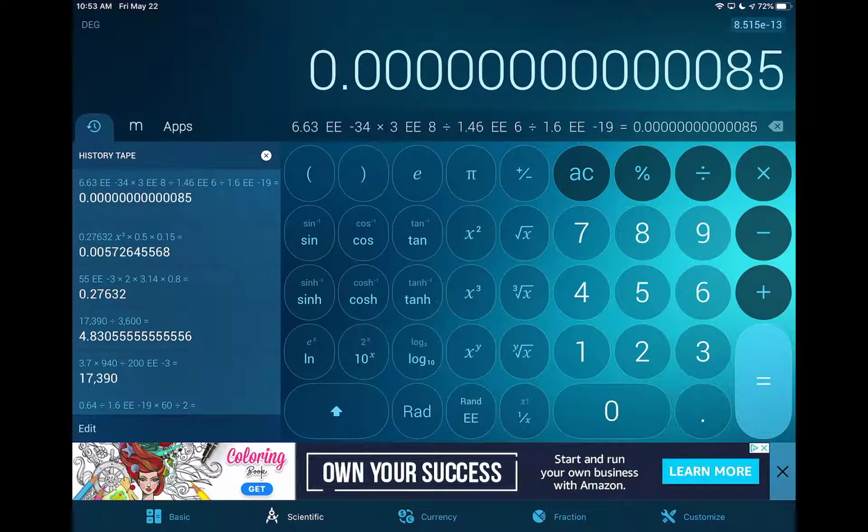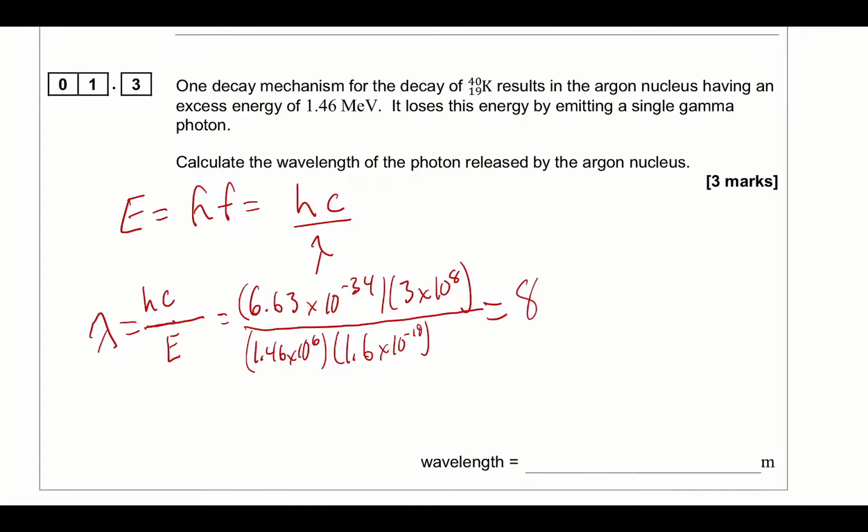There we go. So that's 8.52 times 10 to the minus 13. And to my mind, that's a reasonable answer for a wavelength of a gamma photon. And the mark scheme agrees.